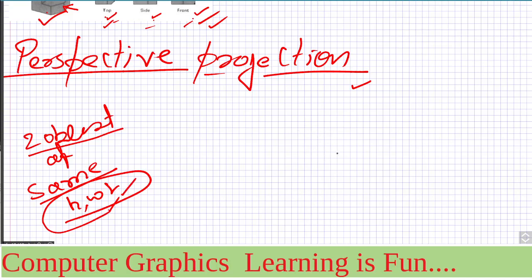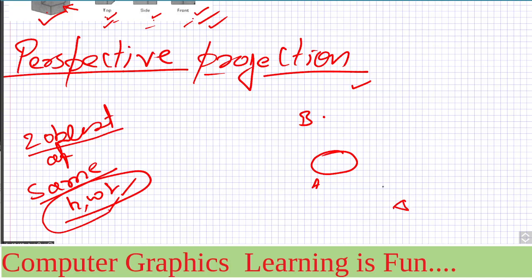If one is at point A and one is at point B, then it will definitely depend on where you are seeing these two from. I believe I should draw like this. Maybe it will look like an eye.